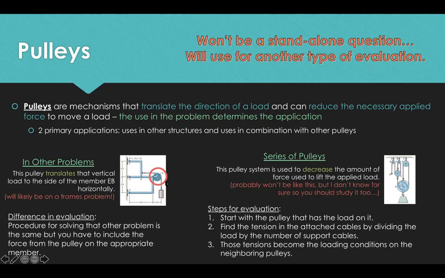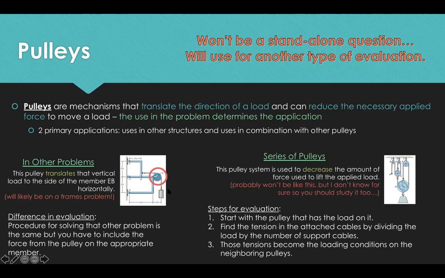No, you're 100% right. Technically, it's not directly acting on this pin. You're right, it's acting across the rim of this pulley. The way that you translate it, because there are reactions at this pin, is that with pulleys you end up with an equation that says the reactions in each direction are the weight times the radius of the pulley.